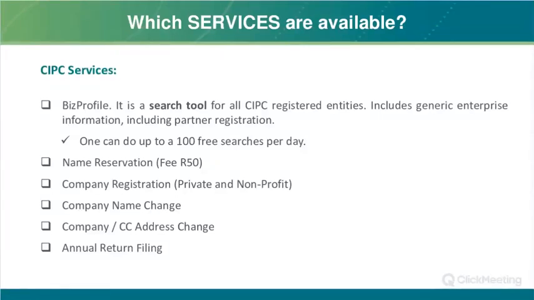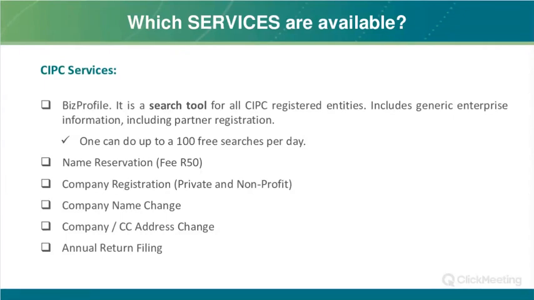Which services are available? The Biz Profile platform is also used as a search tool for all CIPC registered entities. One can do up to 100 free searches per day. Name reservations can be done for a fee of 50 Rand.